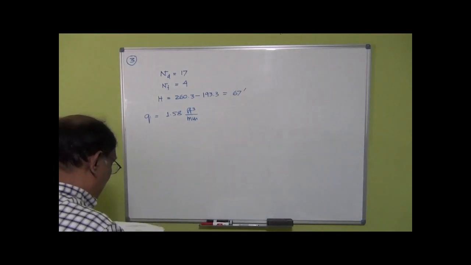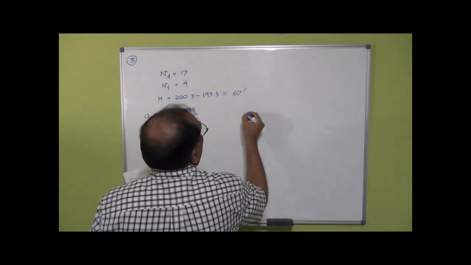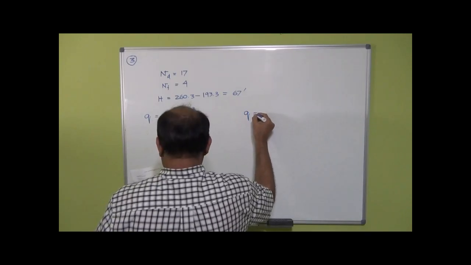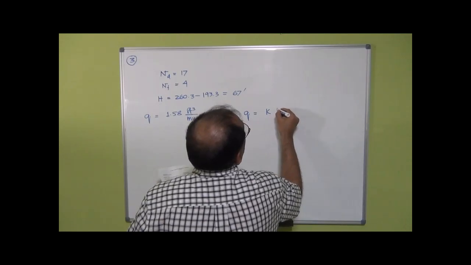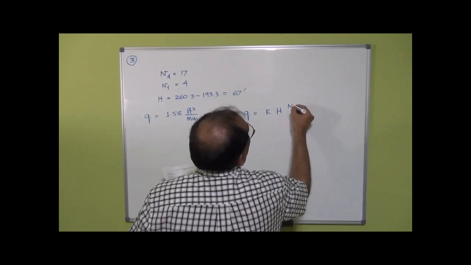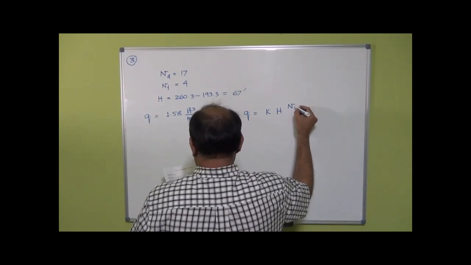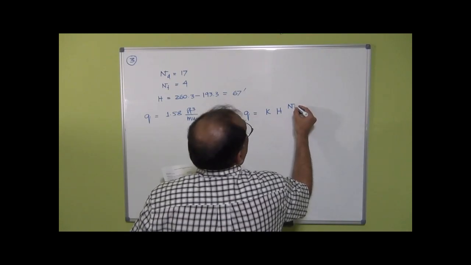So we know that Q equals K H NF divided by ND.